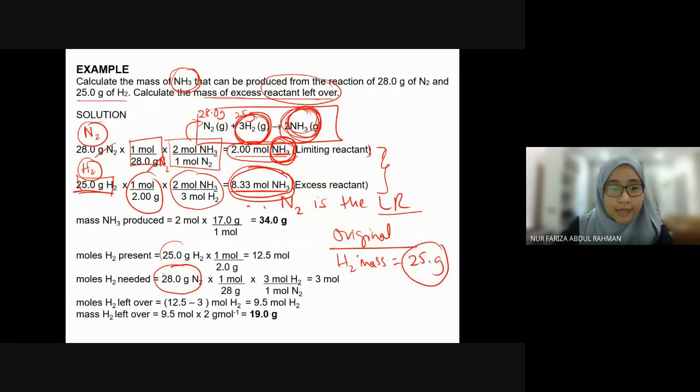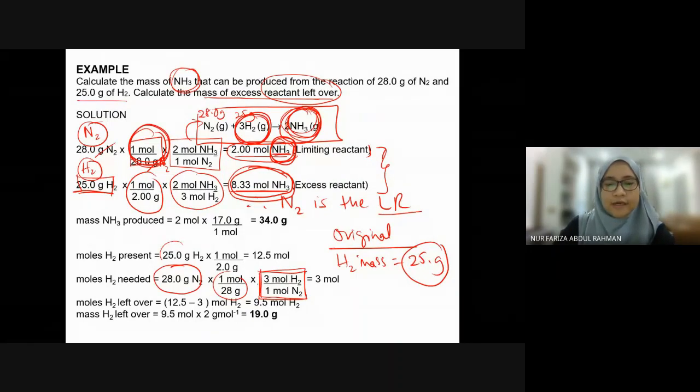See? We start with the limiting reactant, because everything depends on the limiting reactant. So with this amount of limiting reactant, we convert to mole. This is the same step as what we have here. Convert into mole. Here, the stoichiometry is the most important.